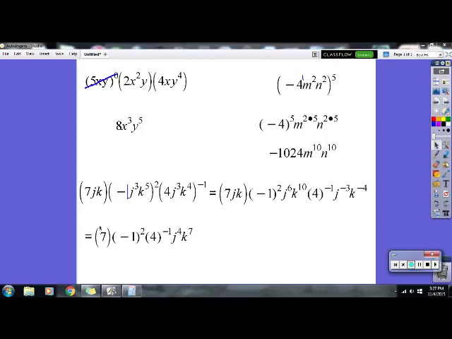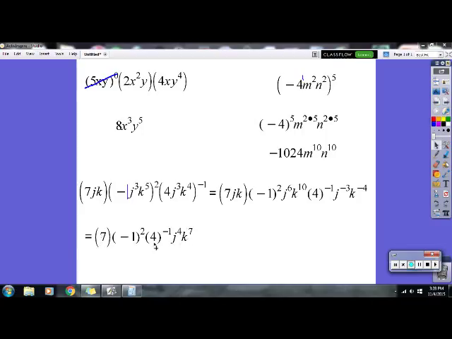And then when I add the exponents of the j's, that'd be 1 plus 6, which is 7, plus -3, which is 4. And then the k's, 1 plus 10 is 11, plus -4 is 7.